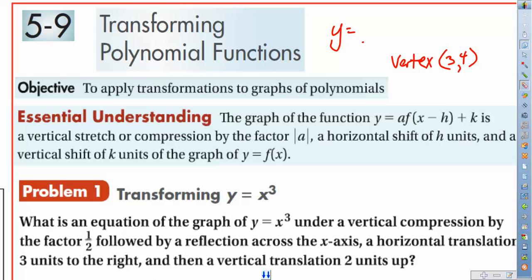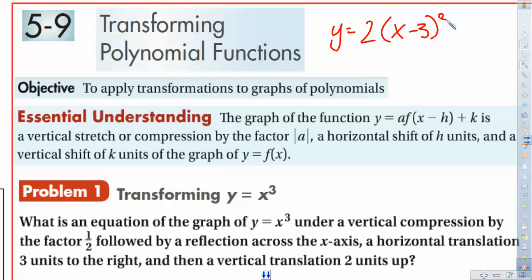There was much rejoicing. And then we moved on to quadratics, and it was no different. We looked at 2 times x minus 3, squared, plus 4. Your Algebra 2 teacher asked the same question: where's the vertex? And you said, it's at positive 3 and positive 4, and there's a vertical stretch by a factor of 2.